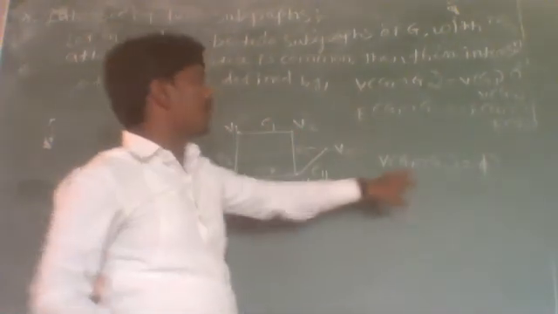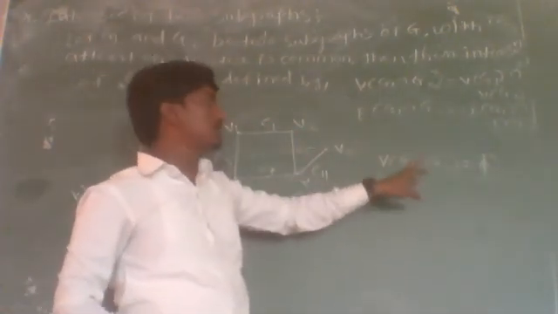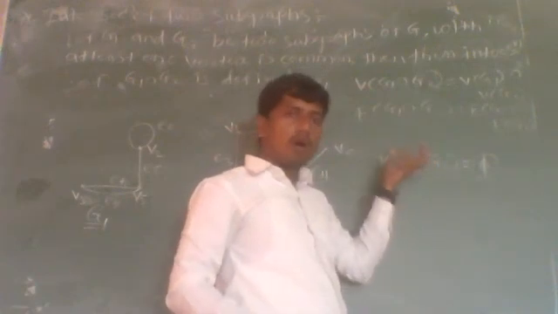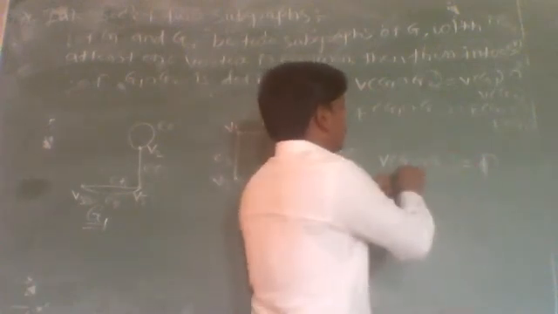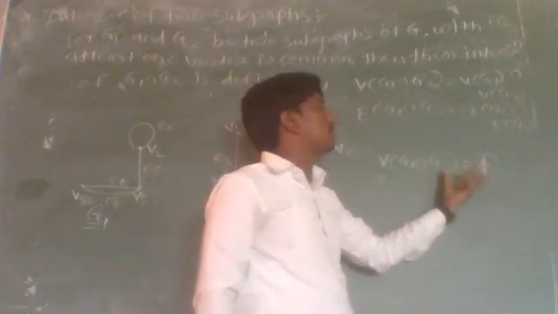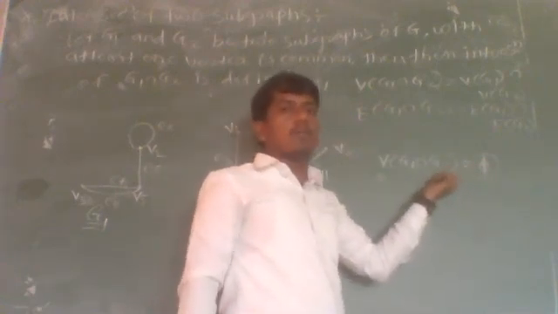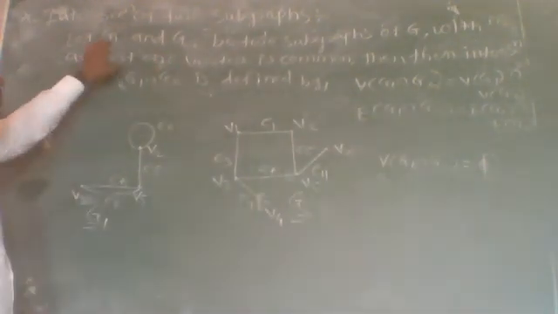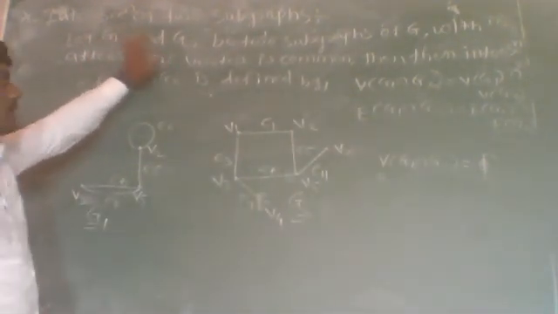This is a contradiction to our definition of a graph, since the vertex set of a graph G is always non-empty. Hence, there must be at least one vertex common between the subgraphs G1 and G2.